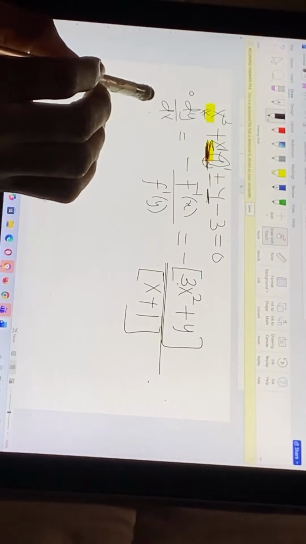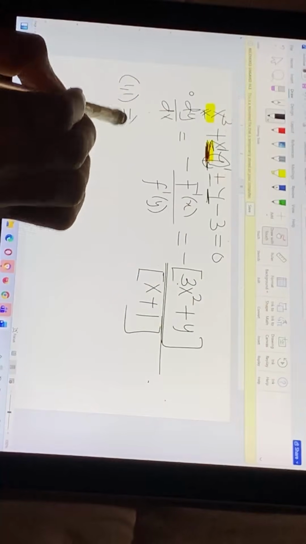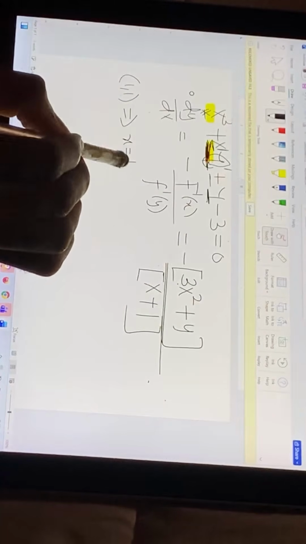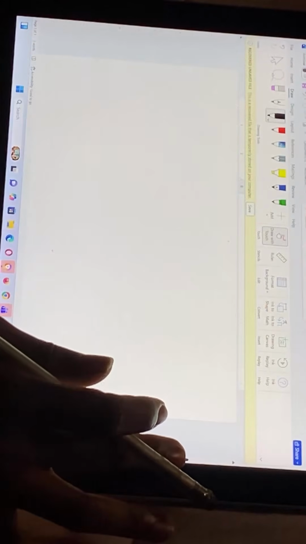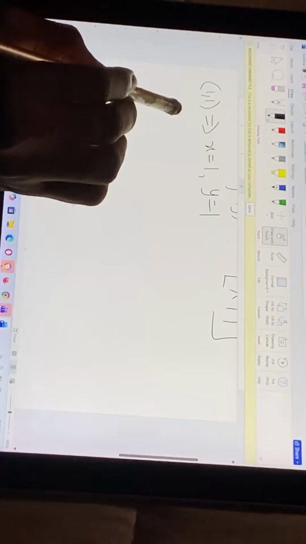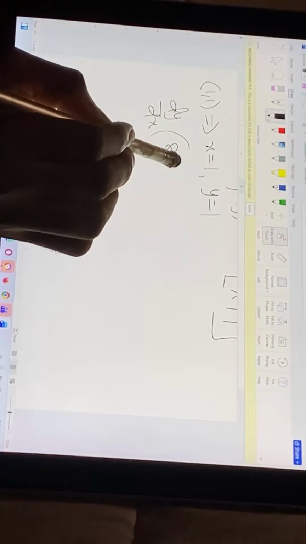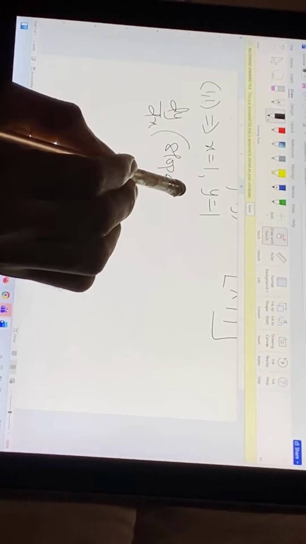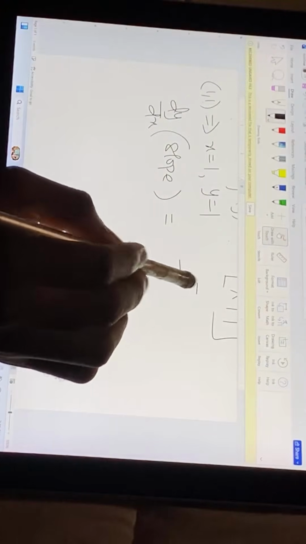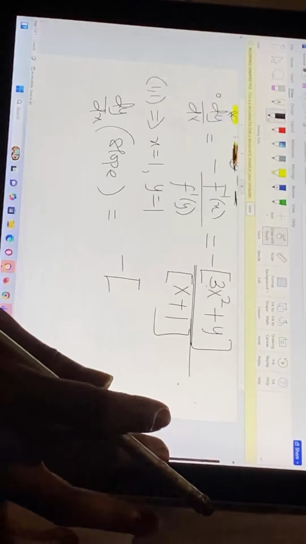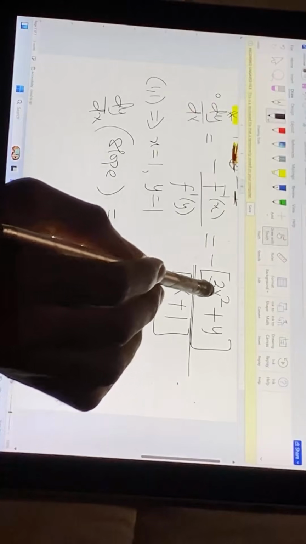Of s and y. Remember, they gave us this to be 1, 1, which means that s is equal to 1, y is equal to 1. Here, if you replace the y, let's input 1, all squared here.